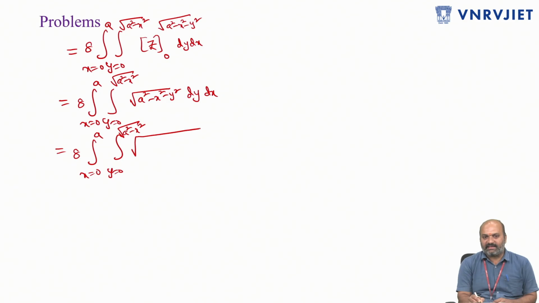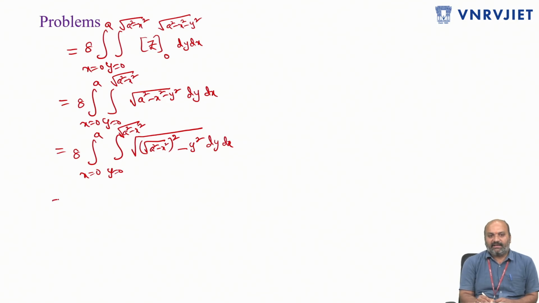Let's write this integral as root over, a square minus x square, whole square minus y square. Observe, a square minus x square is constant, dy dx. So what is the integral of root over a square minus x square? Let me recall the formula.